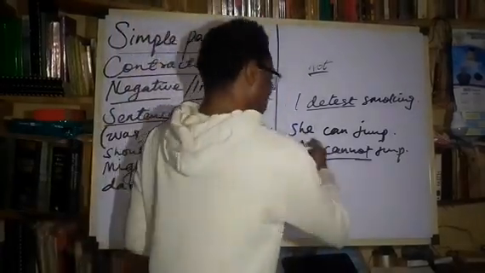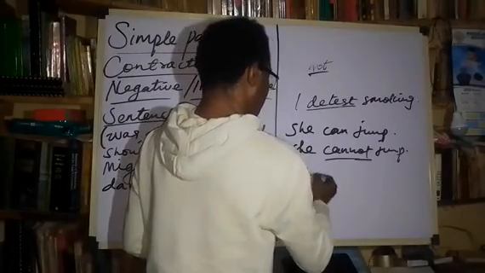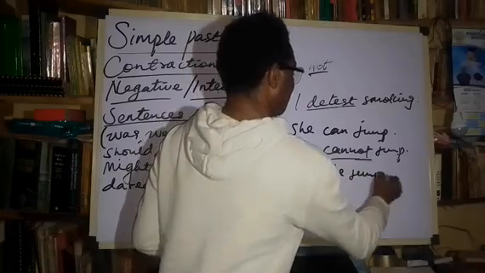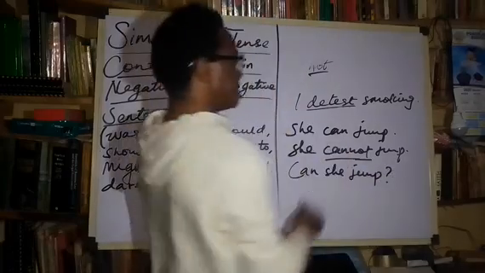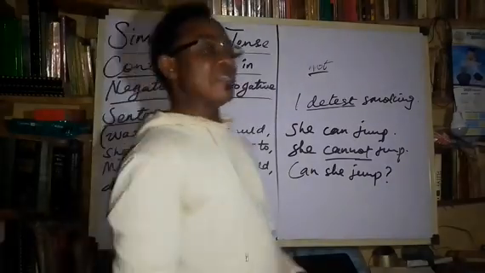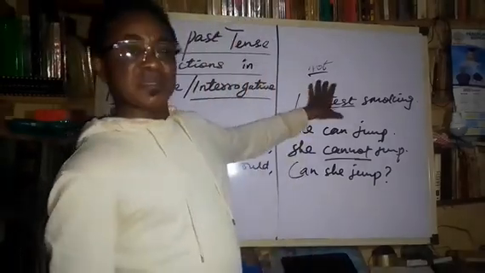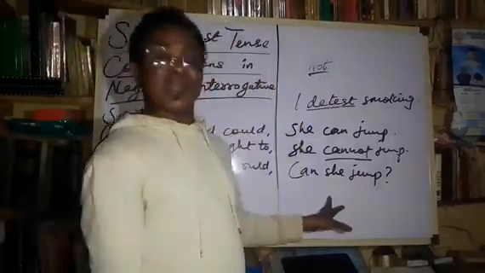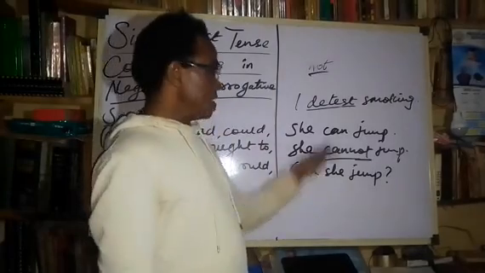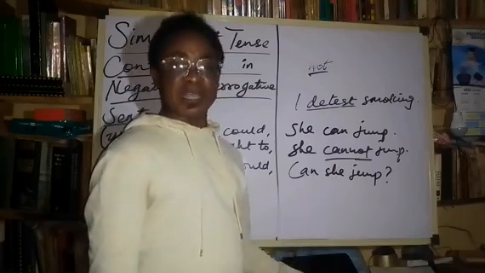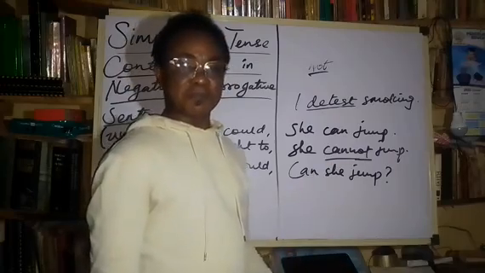So, she can jump can become, can she jump? But I detest smoking cannot become detest I smoking. No. Lexical verbs do not make their own interrogative that way. Only modal verbs, that is modal auxiliary verbs and primary auxiliary verbs, are able to do so.